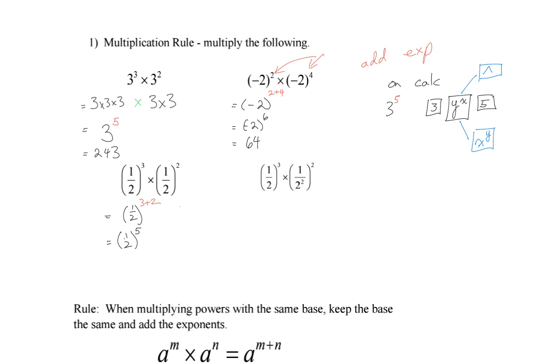Now, in order to do these calculations, if there's an exponent outside the bracket, you must apply the exponent to each of the numbers inside. So in this case, we're going to have 1 to the 5 on the top divided by 2 to the 5. 1 to the 5 is 1, and 2 to the 5 is 32, and you write it exactly like that.